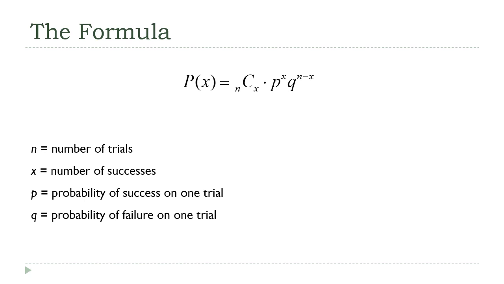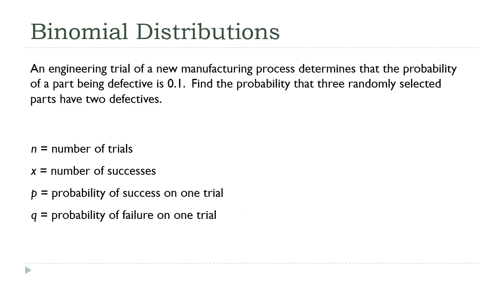X is the number of those that are successful. That's the number that have an adverse reaction or are defective. P is the probability of success, and Q is the probability of failure. Remember that because there are only two possible outcomes, Q is always going to be equal to 1 minus P. Okay, so with all that said, let's go ahead and look at our first example here.